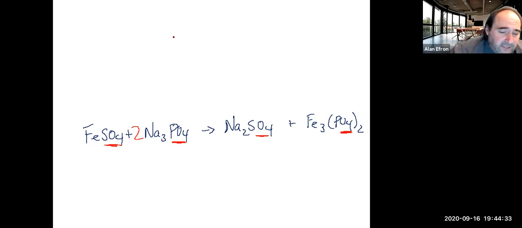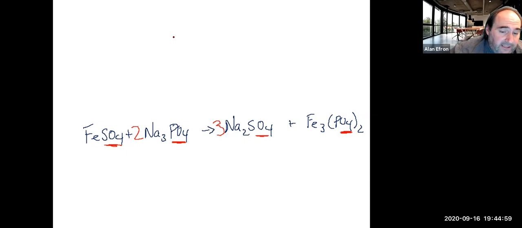So this also tells me where I should go next, which would be to come over here and fix my sodiums I just messed up. And I can fix that by simply putting a 3 in front of it. When I put the 3 in front of the sodium here, that gives me 6 sodiums. But it also changes my sulfate that I'm keeping as a group, and that now gives me 3 sulfates.